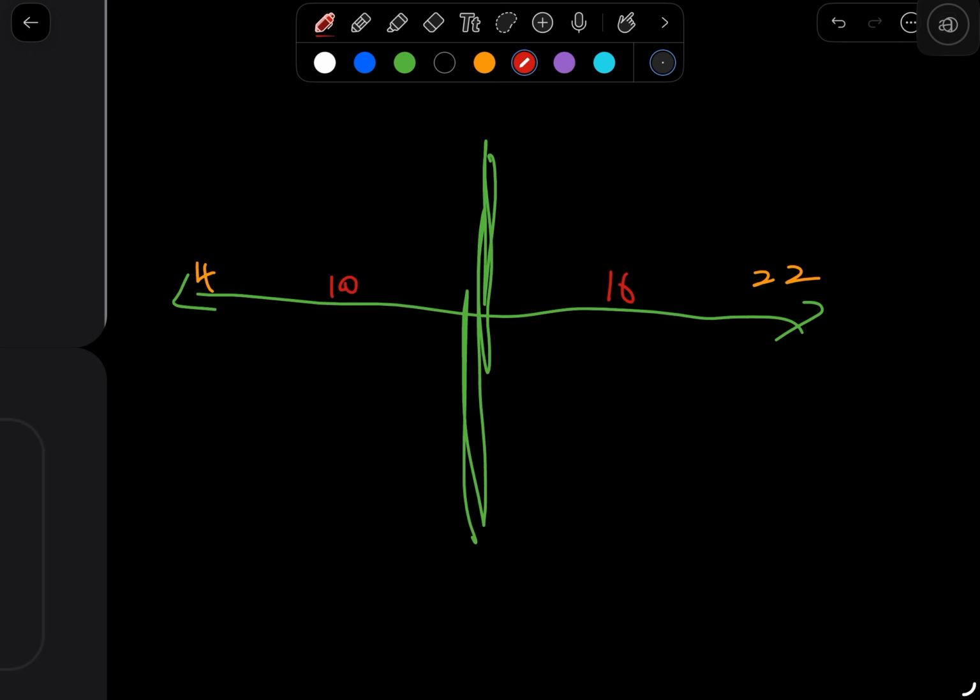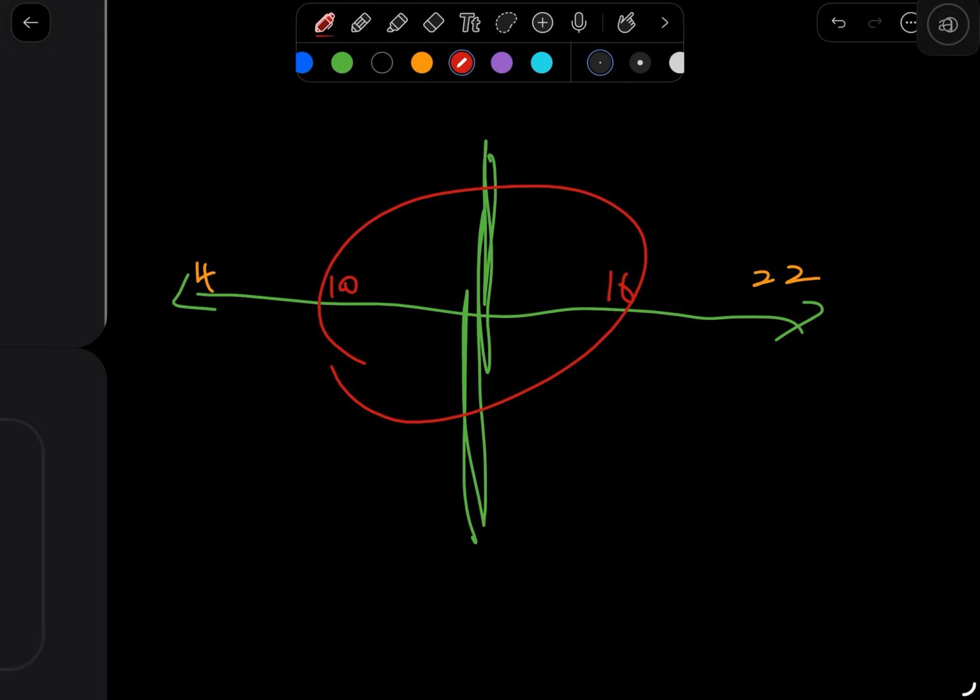Because they're closer to the middle, they are not as spread out as compared to these values. Because they're more bunched together, they're located in a more specific center rather than being spread out. Those actually decrease the standard deviation, because there's less variance.